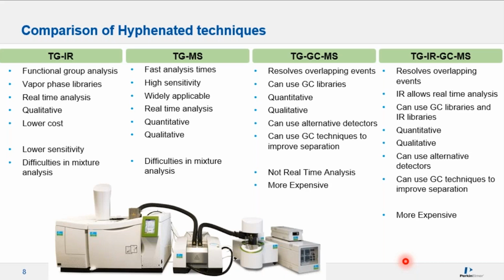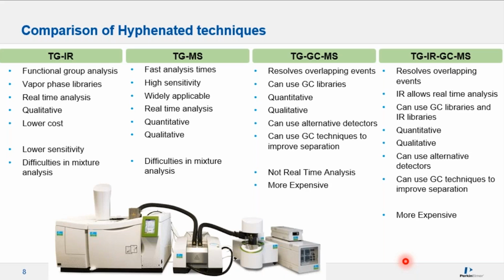The downside here is that we no longer have a real-time or continuous data feed. In this case, the user would select a particular point along the TGA temperature ramp to collect a gas sample and then inject it to the GC-MS.